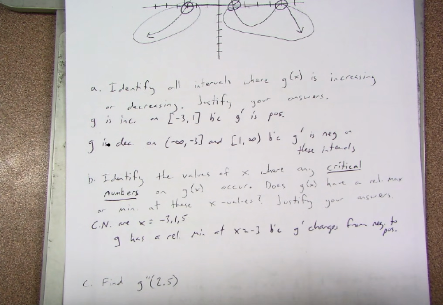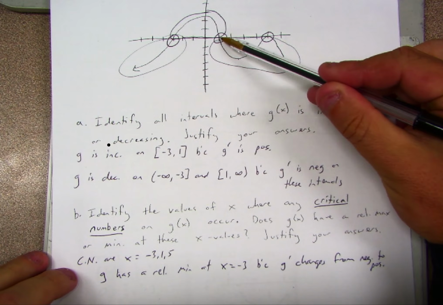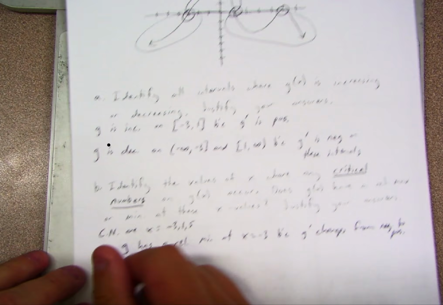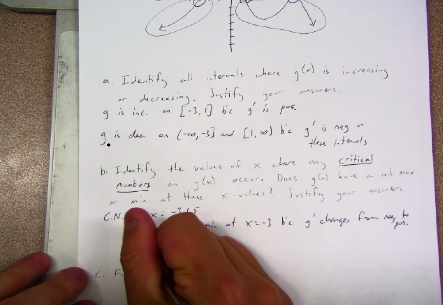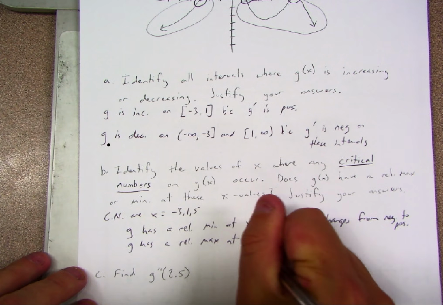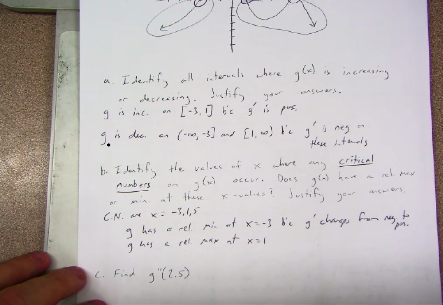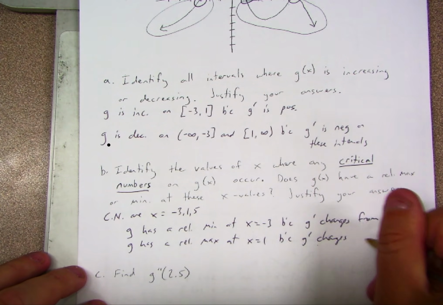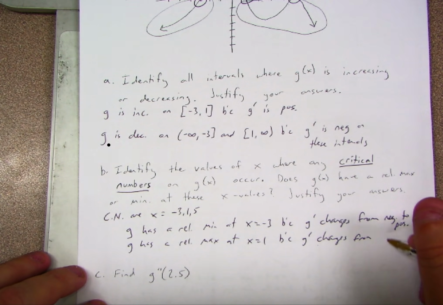You need to be very careful with how you say your words. Negative, positive versus increasing, decreasing. Those all mean different things. Right here, G prime changes from positive to negative. That's a maximum. So G has a relative max at x equals 1 because G prime changes from positive to negative.